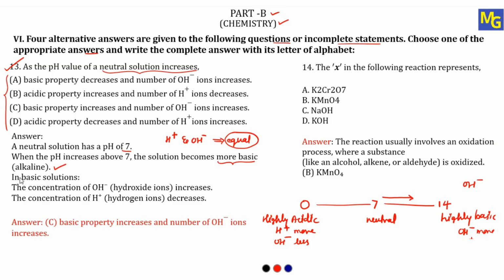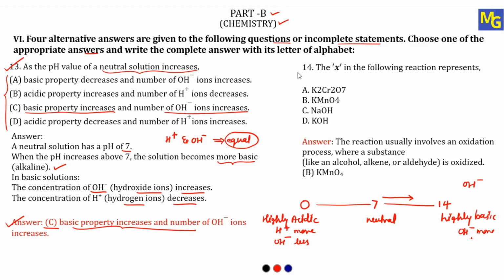So in a basic solution, the concentration of OH minus ion, that is hydroxide ion, increases and the concentration of H plus ion, that is hydrogen ion, decreases. According to this, in option C, as the pH value increases, basic property increases and the number of OH minus ions also increases. Therefore, the answer is option C. You have to write the letter of alphabet as well as the option. Remember this according to the question.